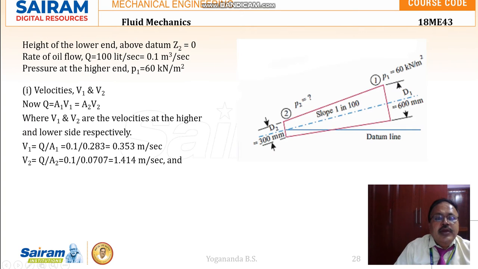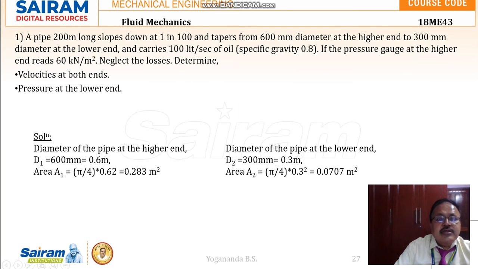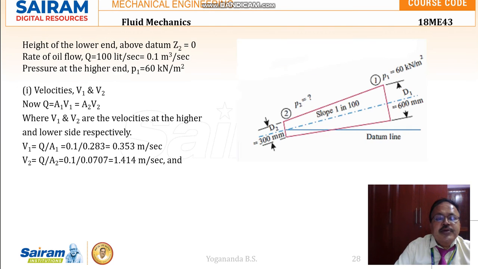Then the height of the lower end is exactly at the datum, so Z2 is 0. Now the rate of liquid flow is given as 100 liters per second. That is 0.1 meter cube, because we know that 1000 liters is 1 meter cube. So 100 liters means 0.1 meter cube per second.